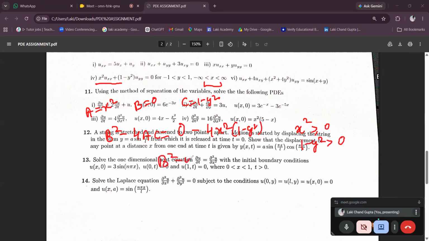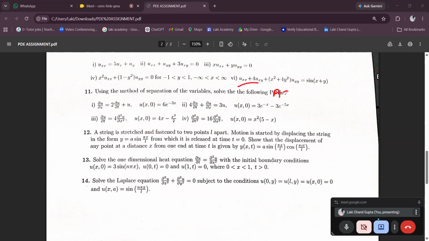So b square minus 4ac must be less than 0 if x is not 0. This is elliptical. Okay? Yes. Understood?